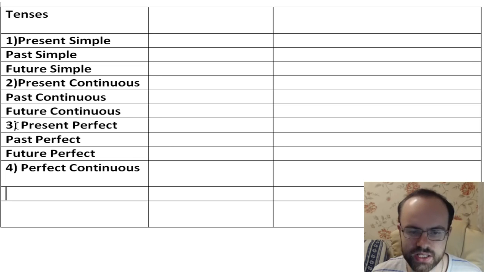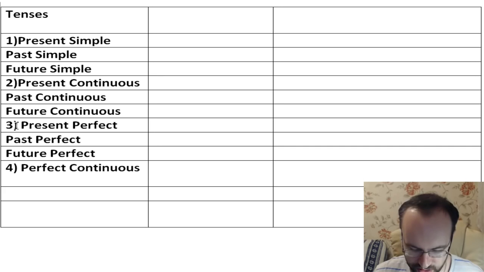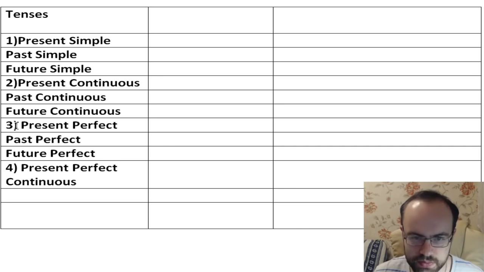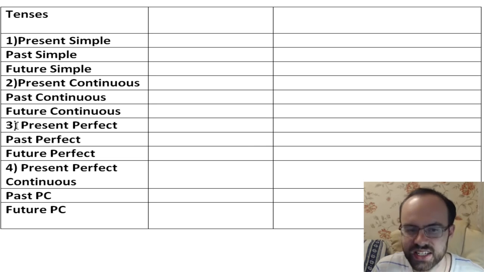So it's considered to be the most difficult group, and we have these tenses: present perfect continuous, past perfect continuous, and future perfect continuous. Okay, so you see that there are four groups.